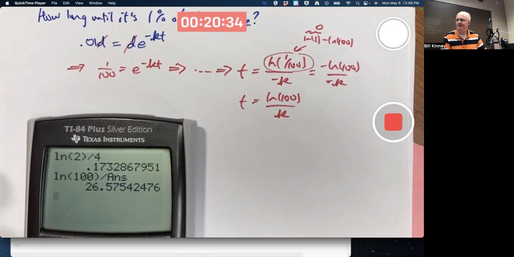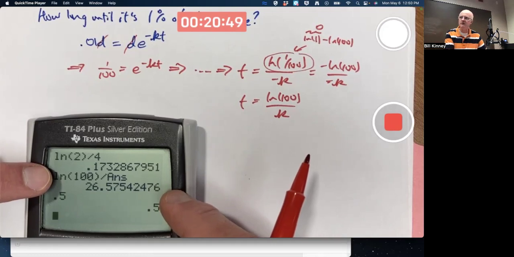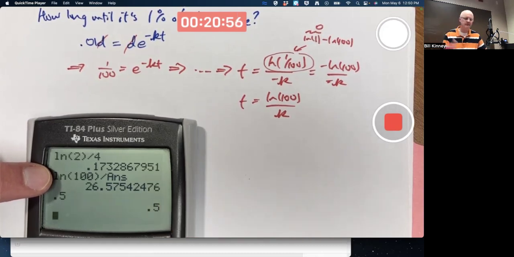Does that make sense? You can think in terms of powers of 0.5 to figure out if it makes sense. Powers of 0.5 referring to half-life. Half-life is 4-hour increments. To get to 26.6 hours, that's like a little over 6.5 increments of time. 6.5 half-lives.